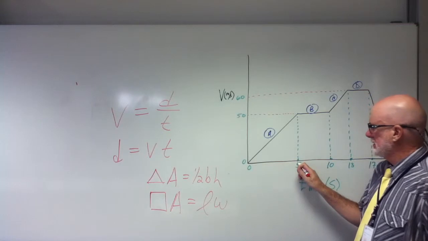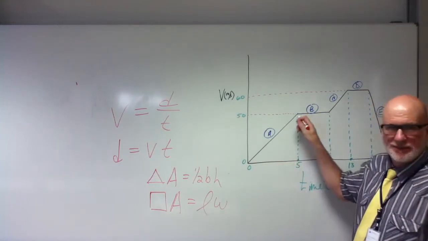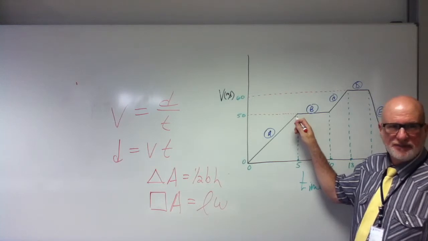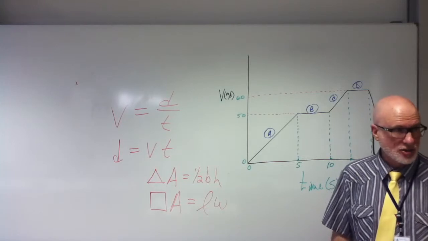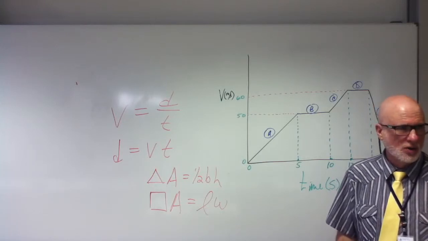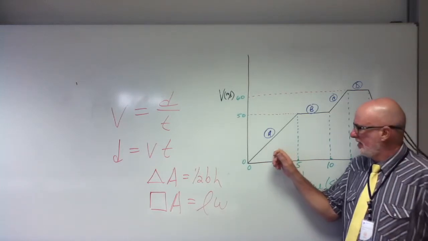So if I multiply, what's this? What's the base? 5, right? What's the height? 50. Is that a triangle? No, that's the square. Yes, exactly. So what would the area be of that?